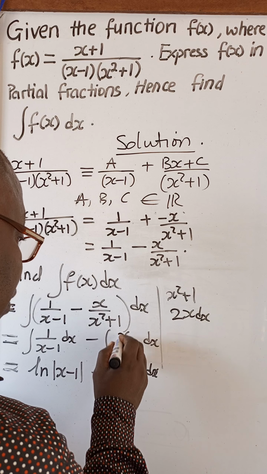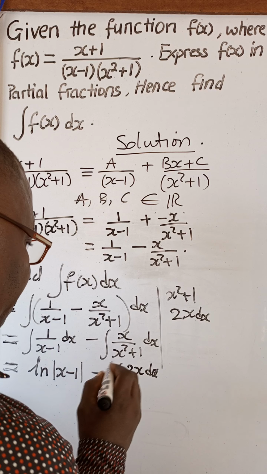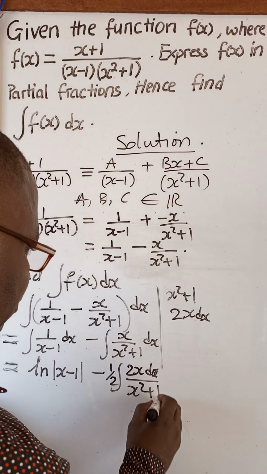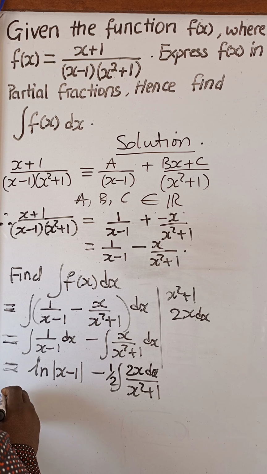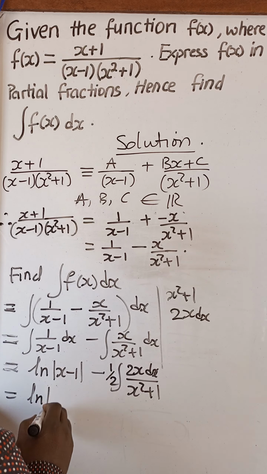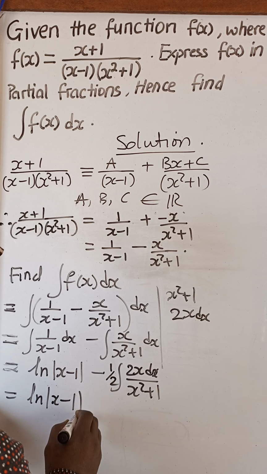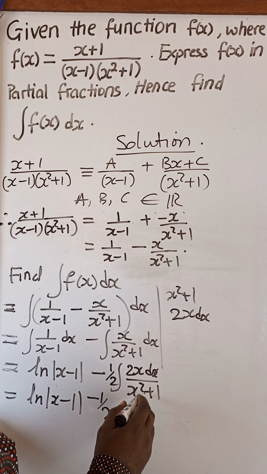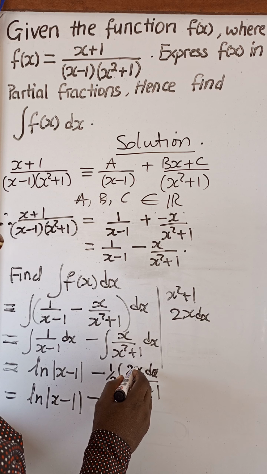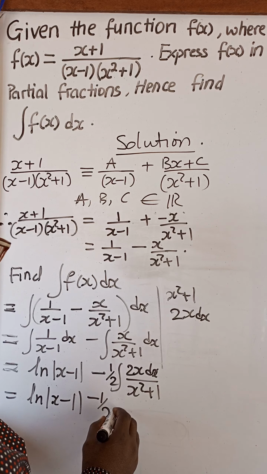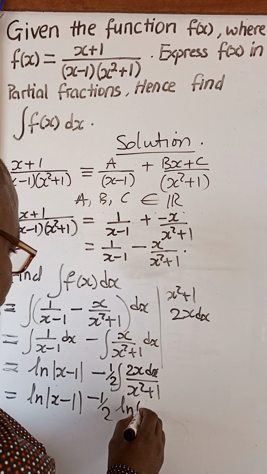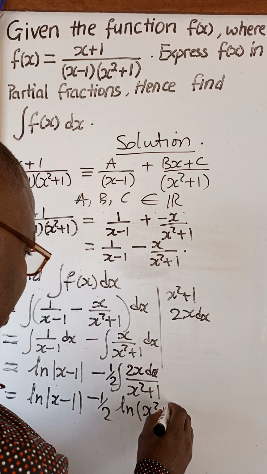But since there was no 2 over there, we remove it by multiplying by a half, all over x squared plus 1. So we get ln of absolute value of x minus 1 minus half. Now we can see that the derivative of this denominator is what we have up there. So it will now become negative half ln of x squared plus 1.